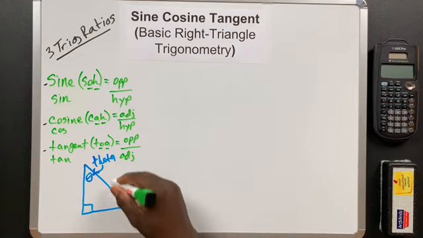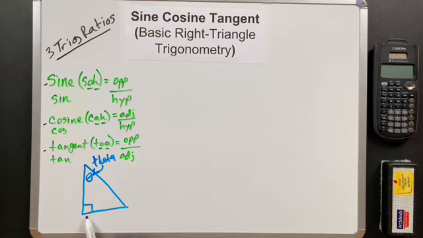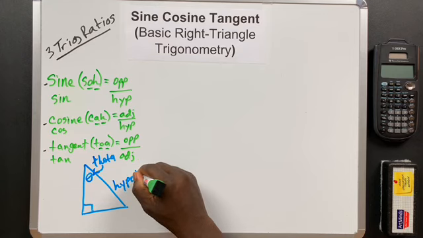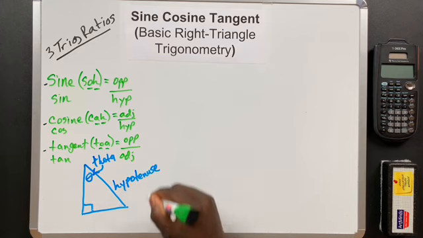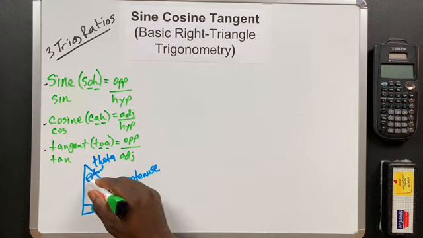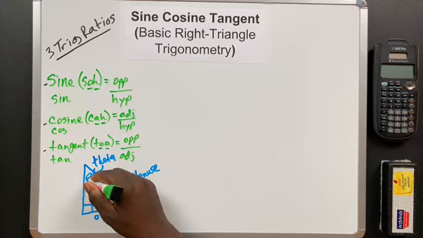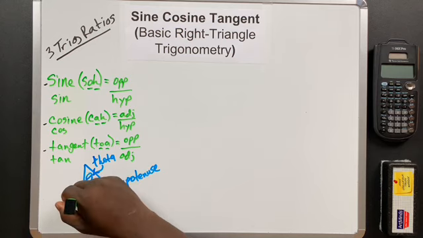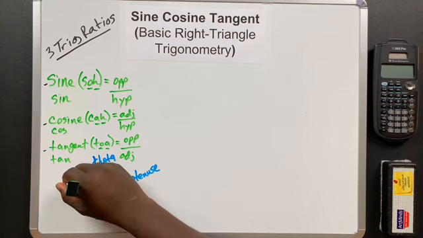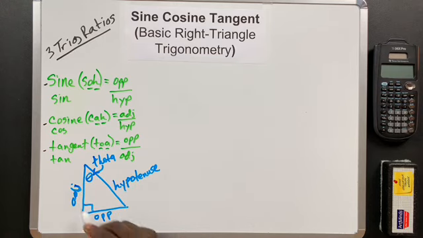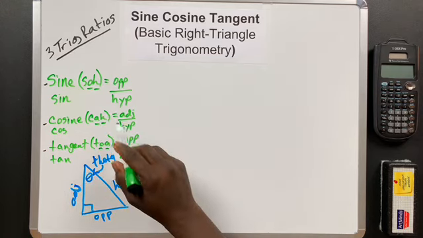So remember, this side, which is opposite of the 90-degree angle, is always the hypotenuse. Now, if this is theta, then this side is opposite theta. So this is your opposite. And this has to be the adjacent. So these terms are coming from here.